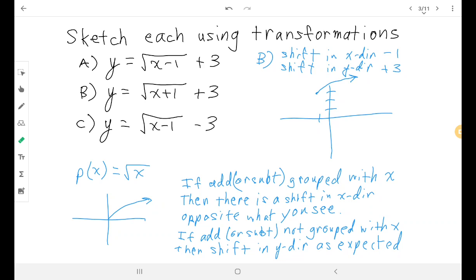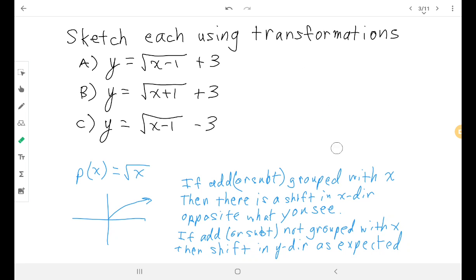All right, so now I will erase B, and we can look at C. And this is going to be the same process, right? I'm going to look at the shifting. That's all there is, shifting or translations.